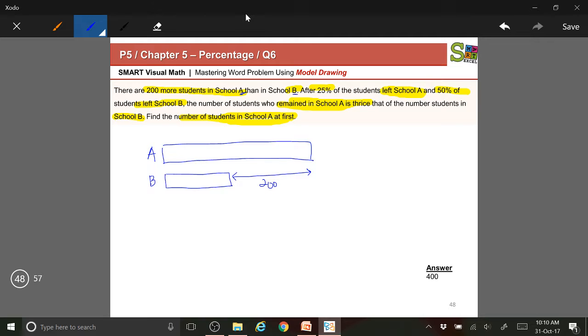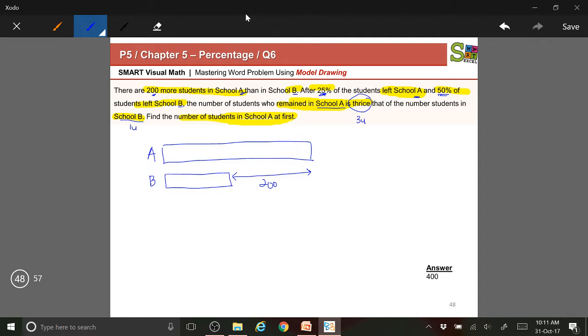Then they mention after 25% of School A left, and 50% left School B. Now A becomes thrice, means A becomes 3 units and your B becomes 1 unit.